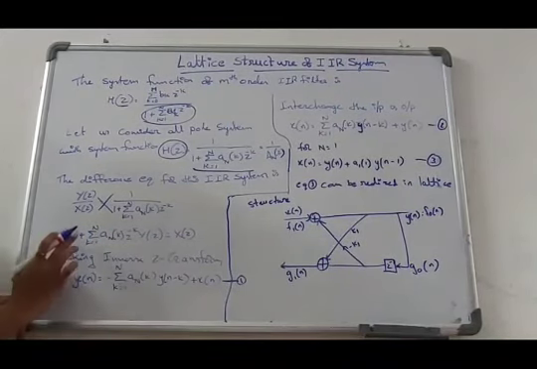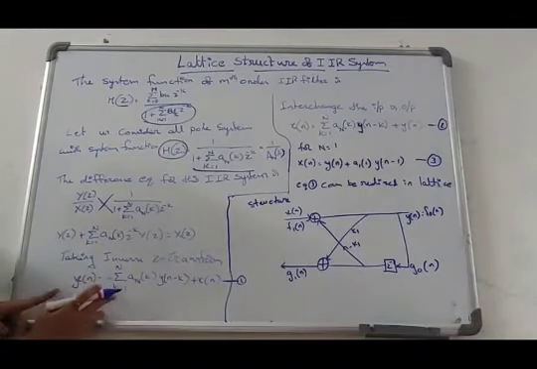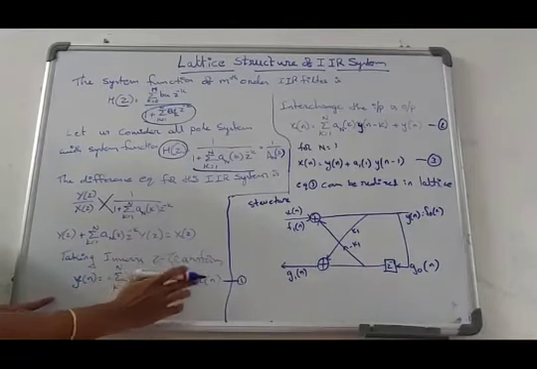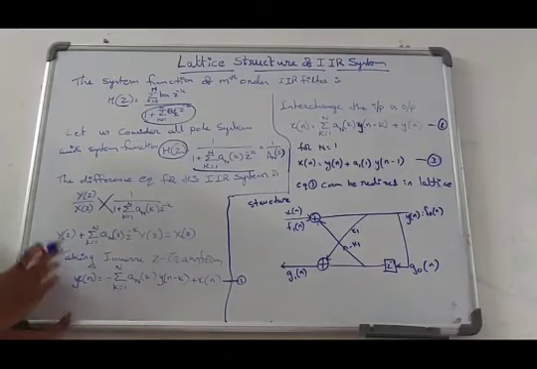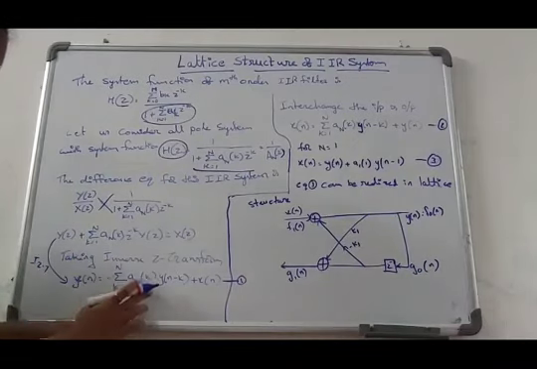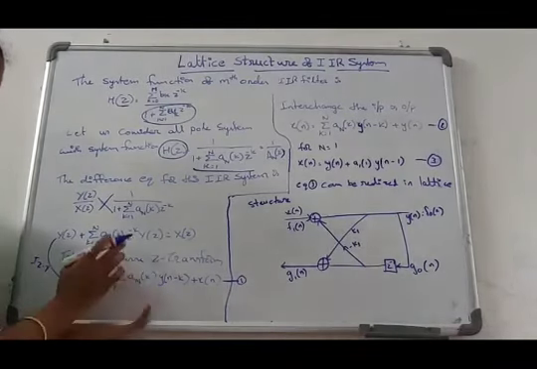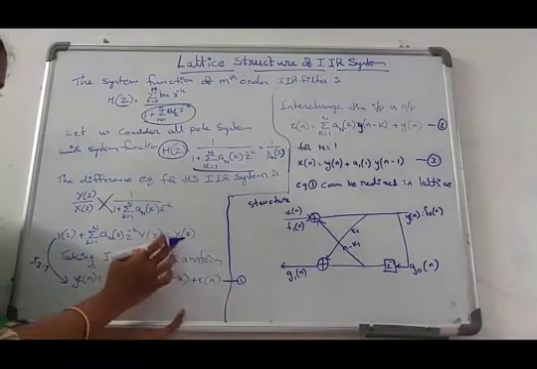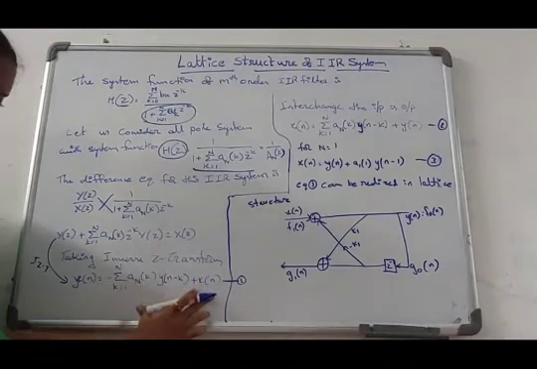Now the common part is sent to the right side. You get Y(z) equal to minus summation k equal to 1 to N of a_N(k) Y(z) z power minus k plus X(z). Now taking the inverse z transform, y(n) is equal to minus summation a_N(k) y(n minus k) plus x(n).